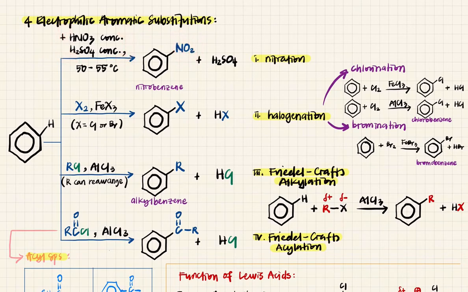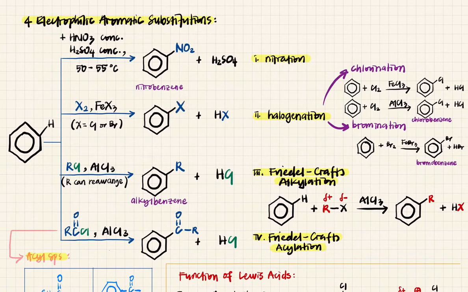Alright, so nanti kita tengok macam mana. And then you will form a byproduct of H2SO4 and your product is nitrobenzene. Okay, sebab ni nitro group, lepas tu ni benzene. So itu adalah nitration.